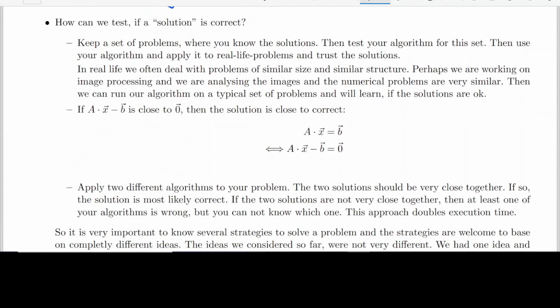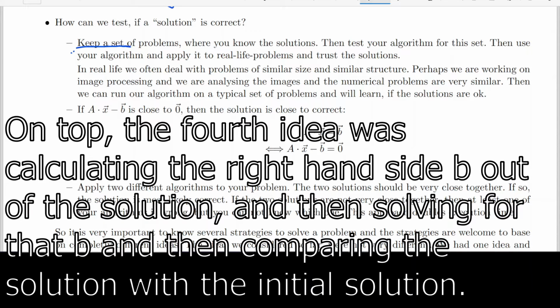If we have an algorithm, how can we know if the solutions are correct? There are 3 ideas to do that. The first one is a very common way in every professional code.